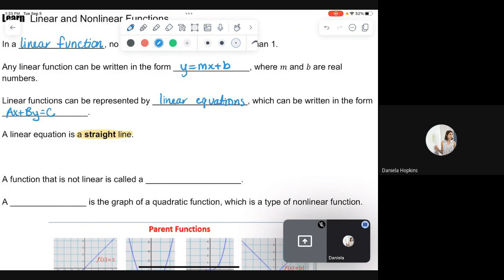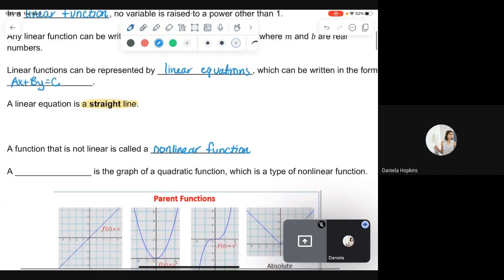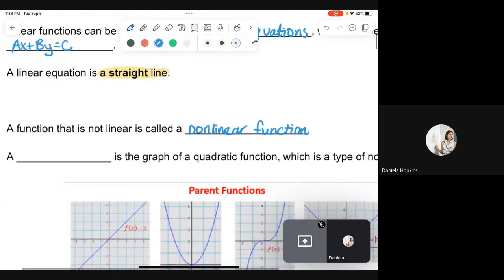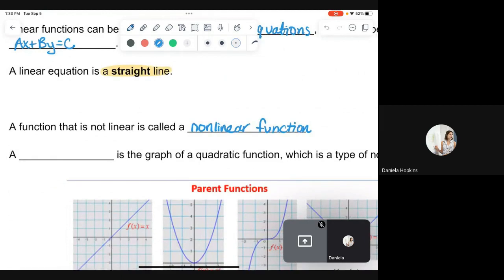So anything that's not linear is called a non-linear function, and there are lots of them. One of the most important ones for Algebra 2: Algebra 1 is always about linear functions. You do other stuff as well, but it really focuses on linear functions.